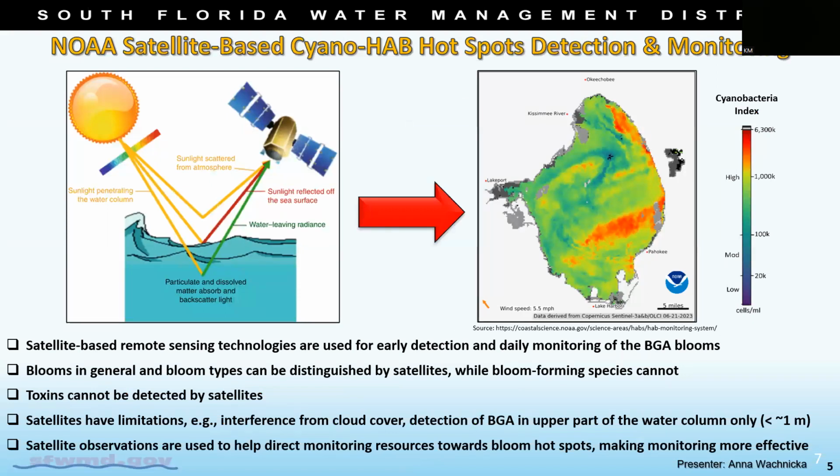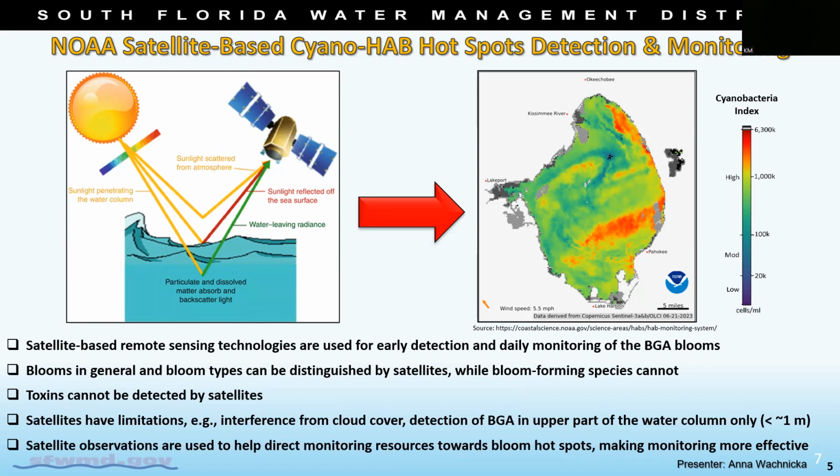This map is what NOAA produces, and I included a link here so you can visit the website. This is the CI Cyano product, a NOAA product. You can clearly see the redder the color, the higher the concentration of cyanobacteria cells. We get those maps on a daily basis, so we can track where those hot spots are on the lake.